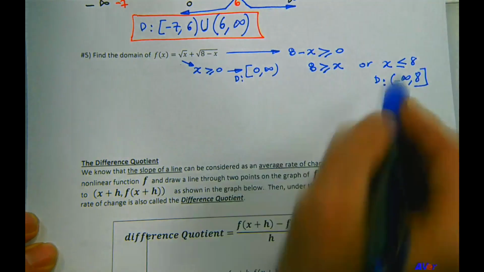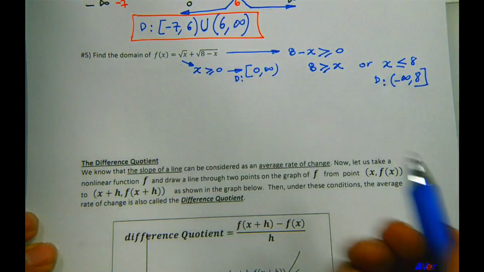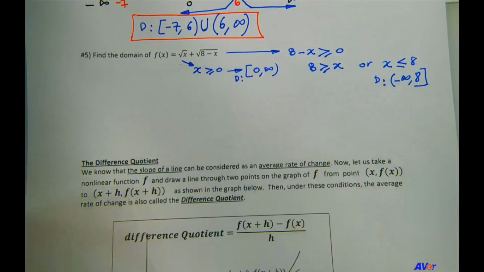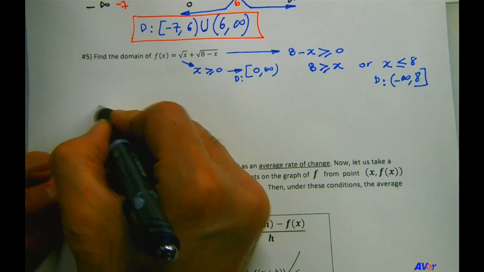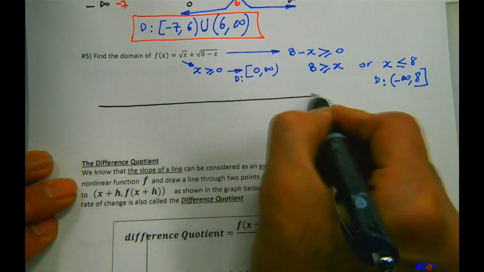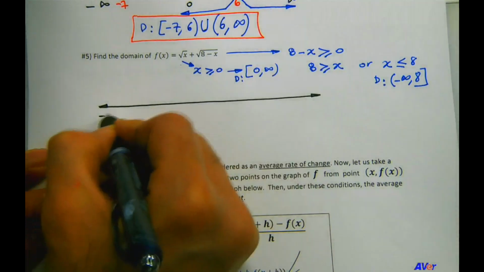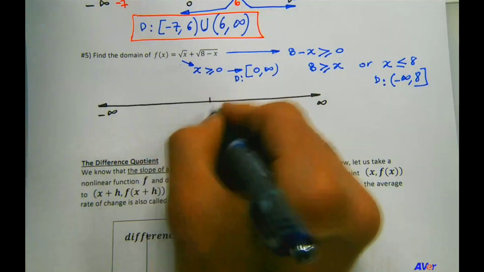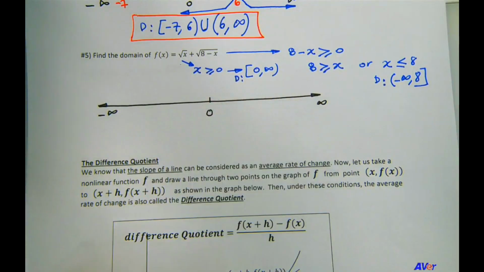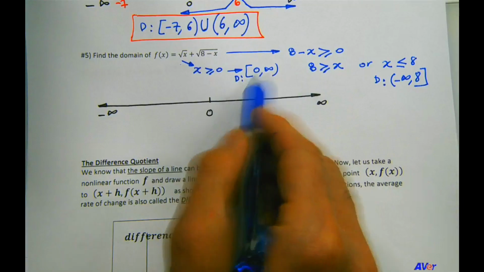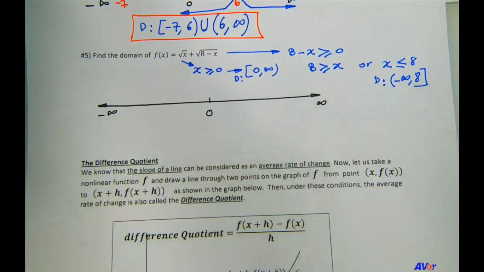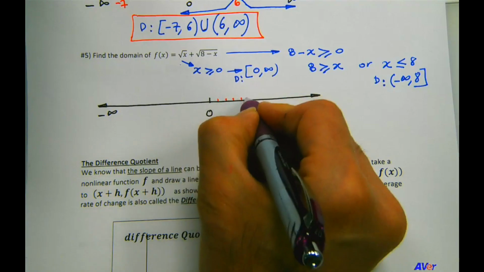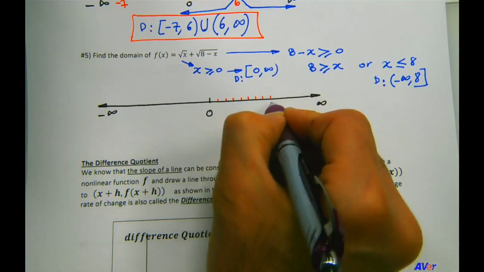Okay, so where do these two overlap? This piece says that's the domain, this one says no, it's that. So let's see where they overlap. Okay, so we have 0, -3, and 8. So let me plot 8. We have 1, 2, 3, 4, 5, 6, 7, 8.